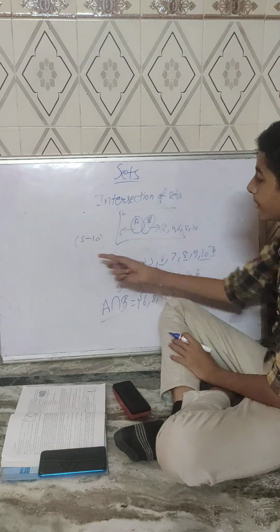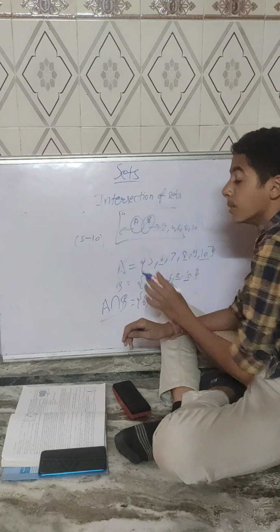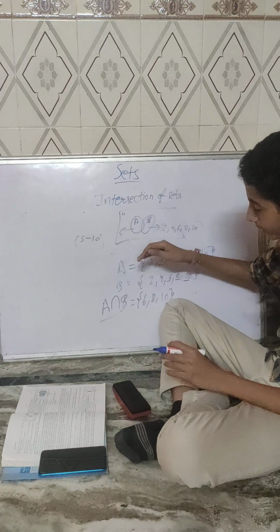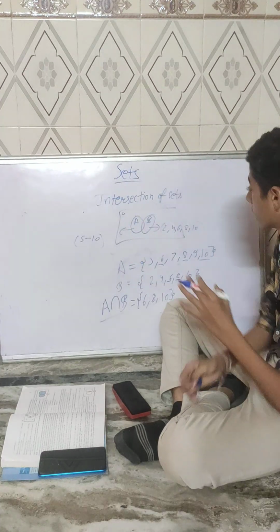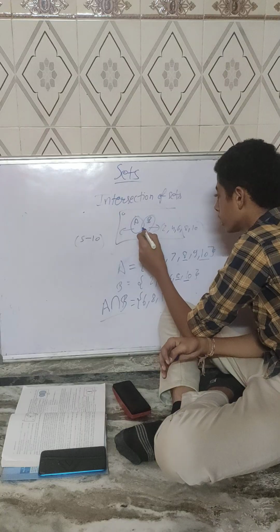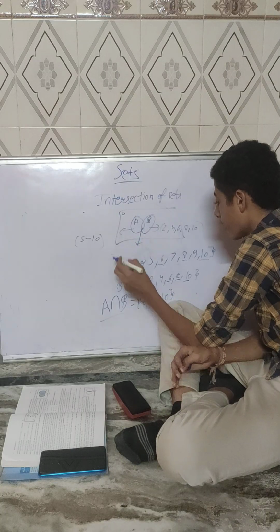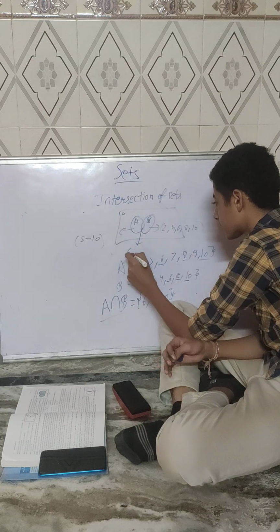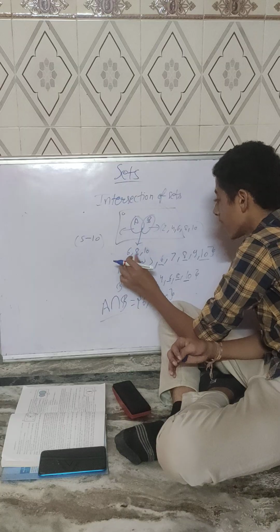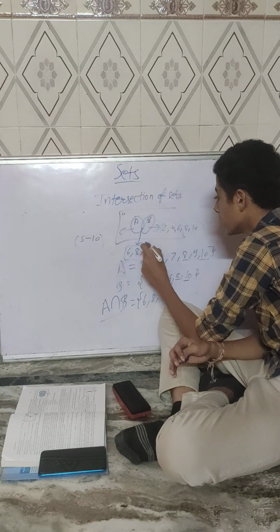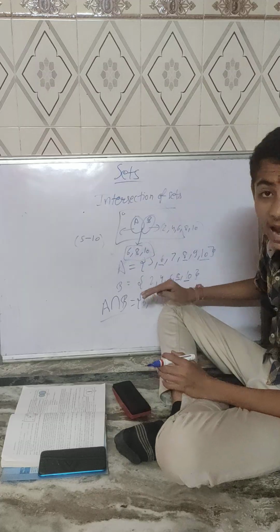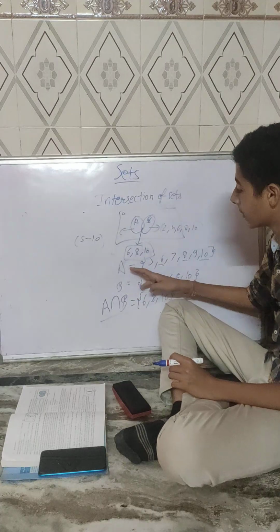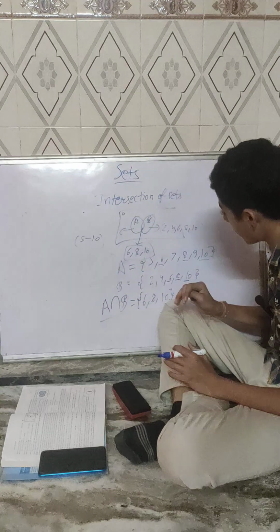In the intersection we see both the circles coinciding with each other. So in the intersection we have three elements which are 6, 8 and 10. Why do we have these three elements? Because only these three elements are common between A and B.